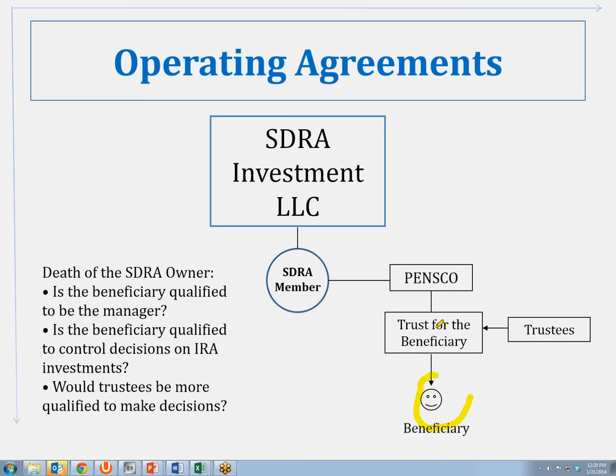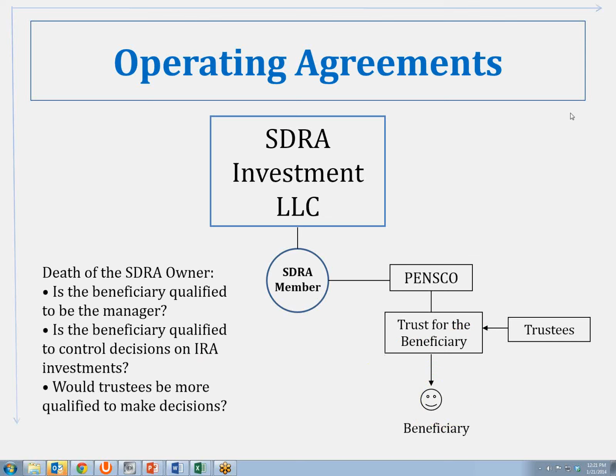The trust has trustees that are able to make decisions and direct Pensco about how the self-directed retirement account is to be invested, and they can designate who the manager of the LLC can be. And that helps protect the beneficiary. And so, would the trustees be more qualified to make these decisions than the beneficiary? If the answer to that is yes, then clearly one of the best solutions for who the beneficiary should be is the trust.